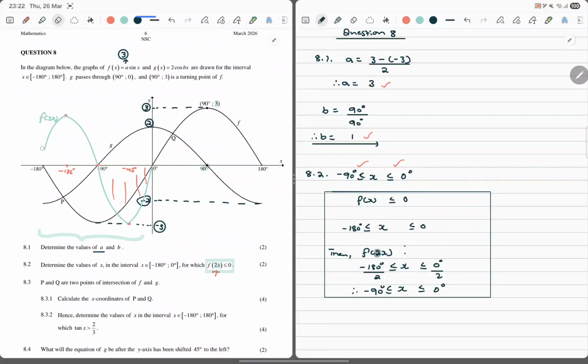So you can see you don't even need the sketch if you know what to do. That's all I'm trying to highlight. I'm trying to highlight the fact that you don't need the sketch. If you know what is happening, you can work it out even logically or algebraically.